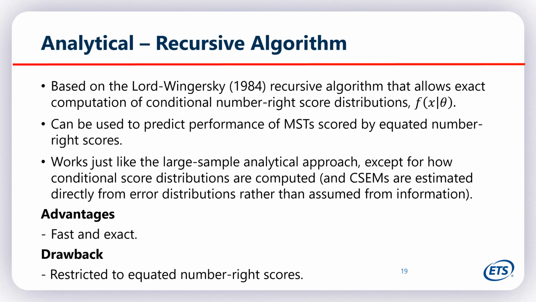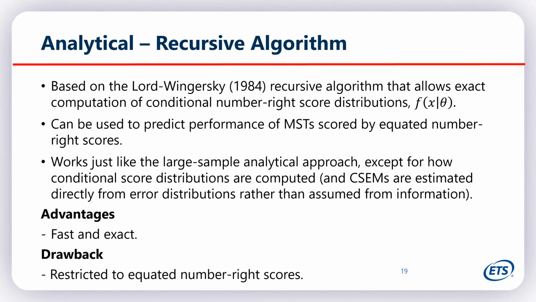Lord and Wingersky found a simple recursion that allows you to exactly compute the number right score distribution conditional on a given true proficiency level, so it's not approximate. It's based on the usual IRT assumptions, but it's not based on large sample theory. If your item response probabilities are right, it gives you the correct distribution of number right scores.